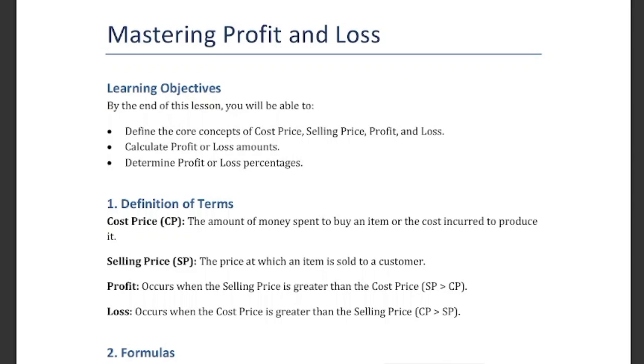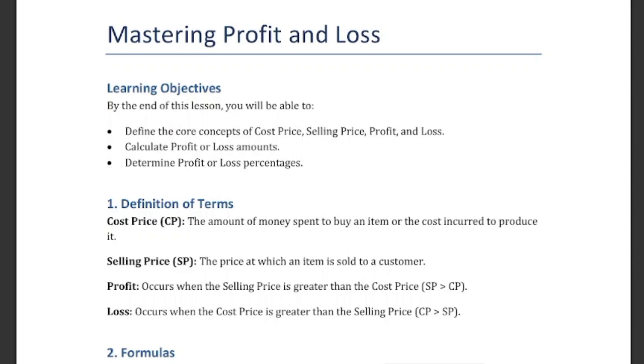Then selling price is the amount at which the product is sold. So the price at which that item is sold to a customer. How much did you sell it to a customer? That is your selling price. Now, if the amount at which the product is sold is more than the cost price, then you have made a profit.